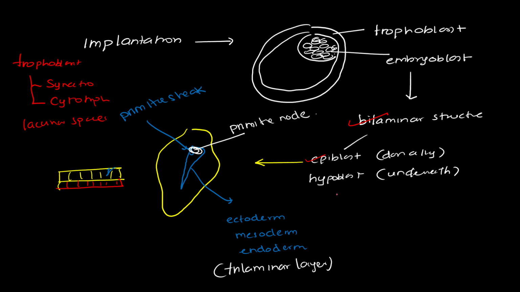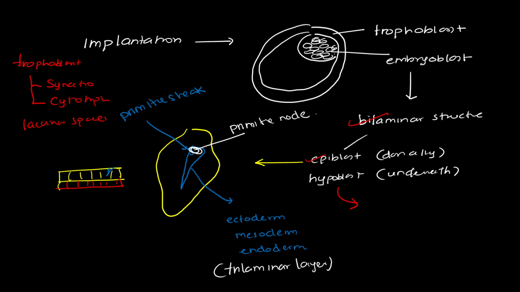Now you would ask, what would happen to the hypoblast? The hypoblast consists of cells which are involved in the formation of structures found within the embryo.